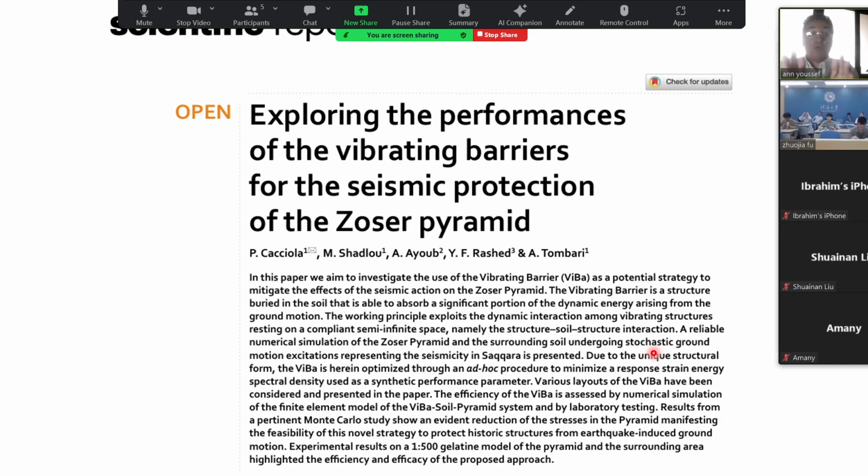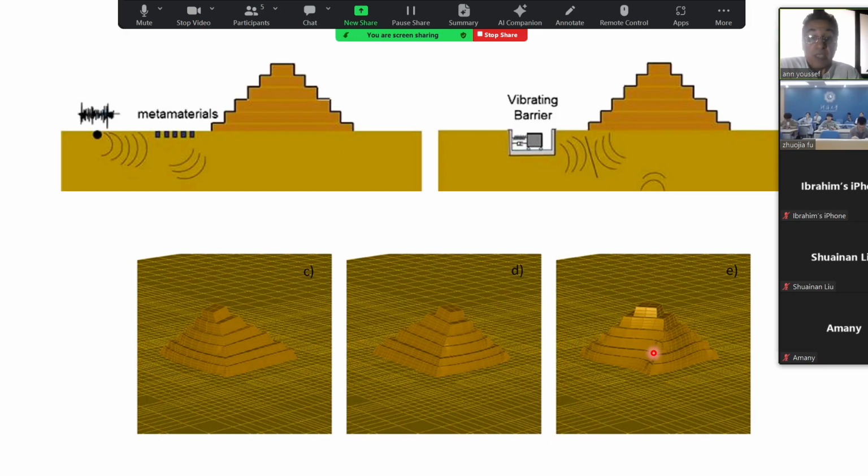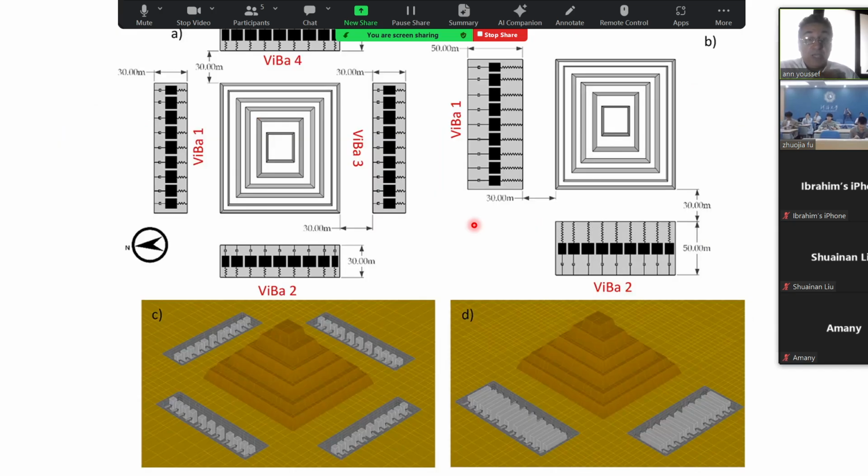And the best thing is that we are going to install this barrier outside the monument without touching the monument itself. We were able to design this vibrating barrier using stochastic analysis. We put two series from two directions like this, and another time we put four series around the pyramid itself. We were able to minimize the peak acceleration at the top of the pyramid by about 27%.